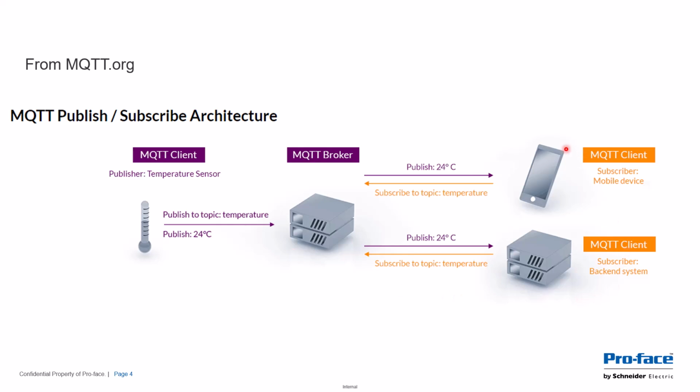Depending on how you're making your connection, you may have to have an account, or it could be totally open. It all depends on how you are architecting the system. So any client on any kind of device, whether that's a cell phone, another PC, or a PLC, can now subscribe to that temperature topic and get that data when it's published from the sensor.